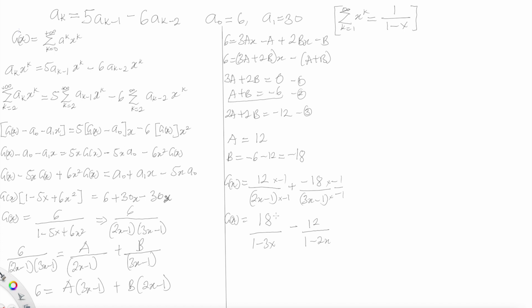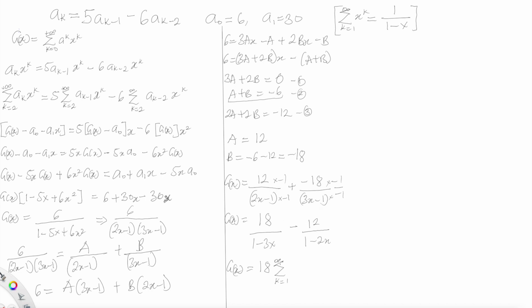So then we would write this first fraction and this second fraction to look like this summation here, which is equal to this. In this case our x would be 3x, and in this case our x would be 2x. So g of x would equal 18, which could come out since it's a constant, then the sum of k equals 1 to infinity, and note that they are all positive infinity.